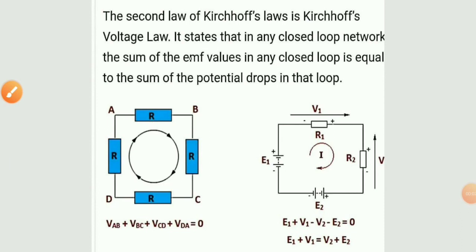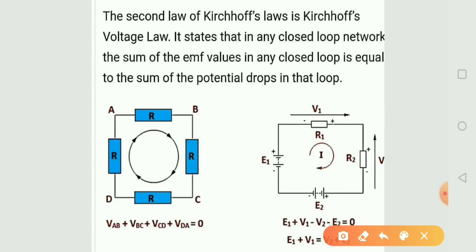When moving from negative to positive terminal for any element, there is a rise in potential. We will take positive voltage sign. If we go from positive terminal to negative terminal, we take voltage as negative sign.